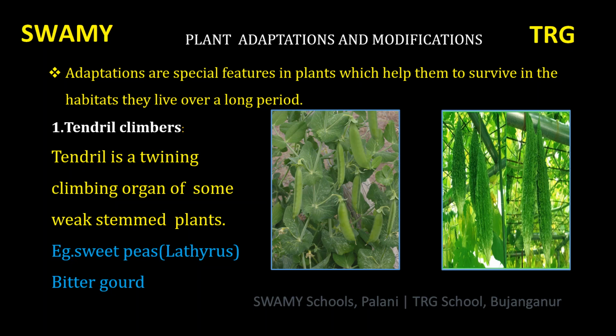Then bitter gourd. Axillary buds are modified into tendrils which help the plant to climb. What is meant by axillary buds? The buds at the axils of the leaves are called axillary buds. In case of sweet peas, leaflets are modified into tendrils. In case of bitter gourd, axillary buds are modified into tendrils.